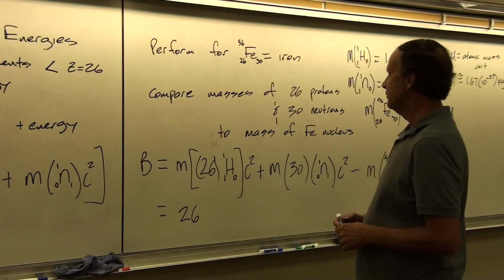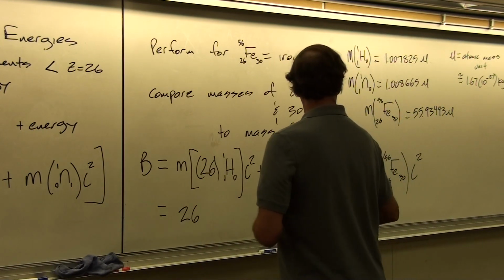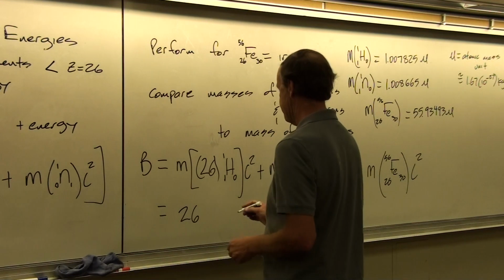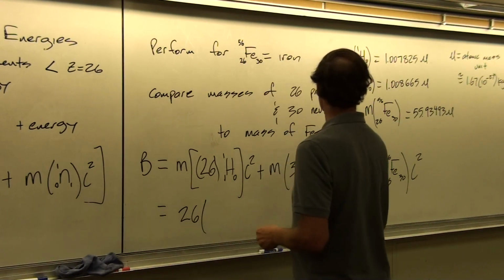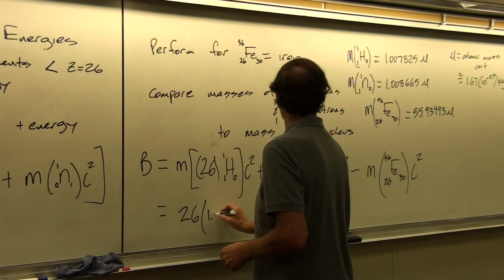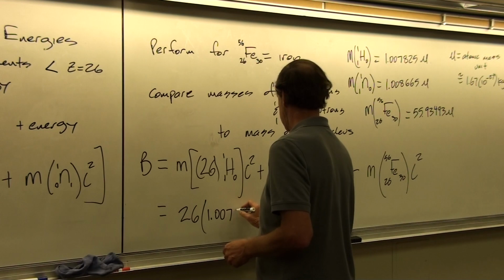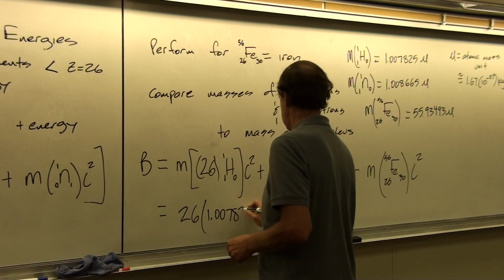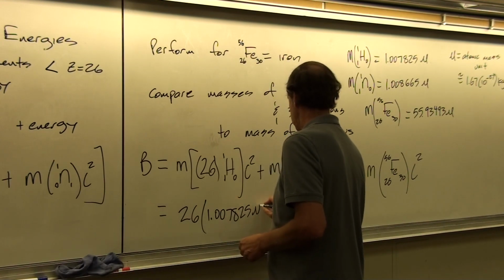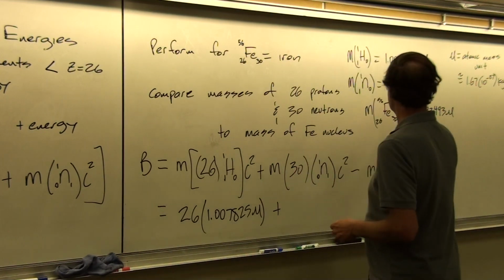So what we need to do next, then, is to put in the masses, and then we'll factor out the c squared. So this is 26 times the mass of our hydrogen. So that's going to be 1.007825 mu plus the mass of the 30 neutrons.